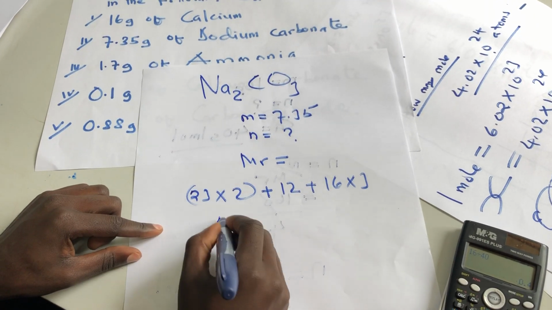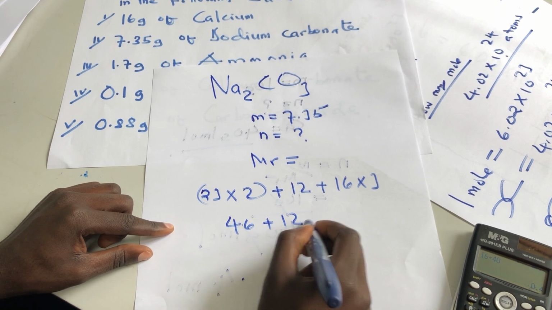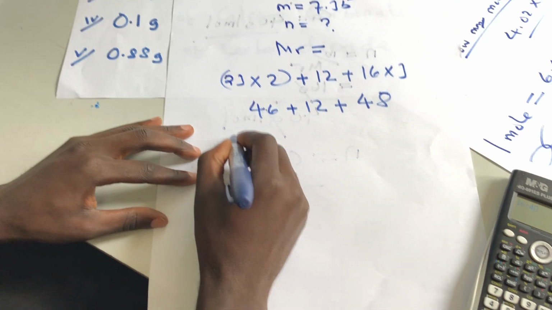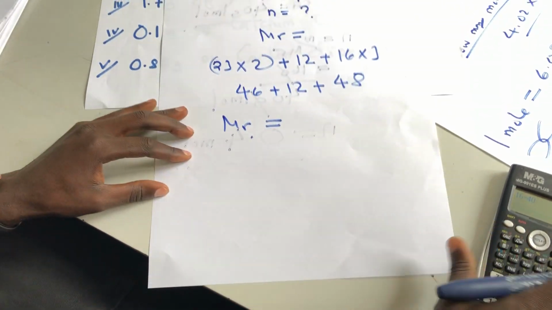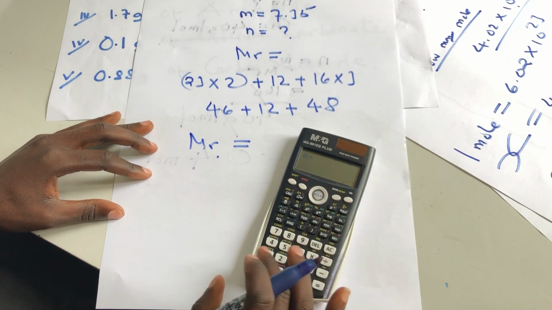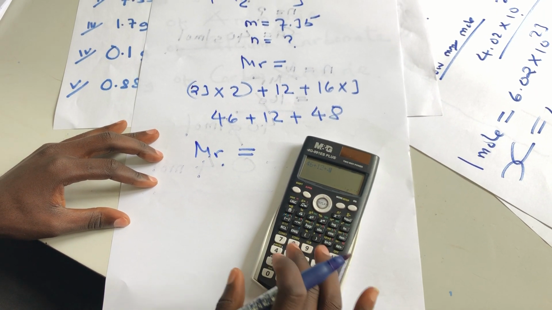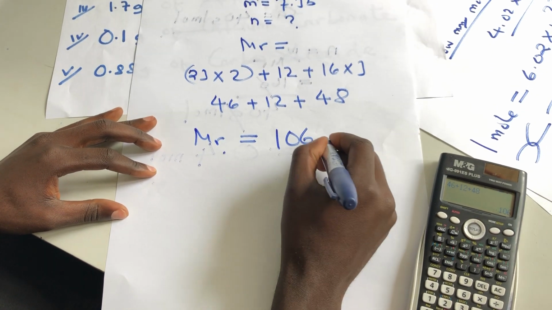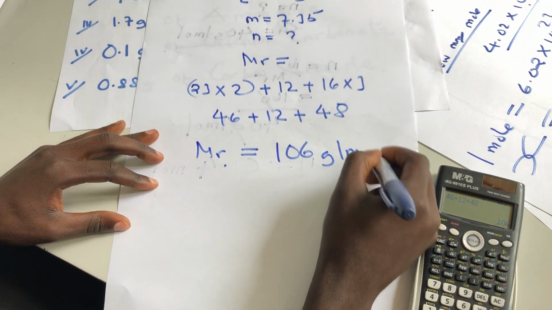Then here it equals 46 plus 12 plus 48. Then the molar mass of that compound is 106. This is the molar mass, which is gram per mole.